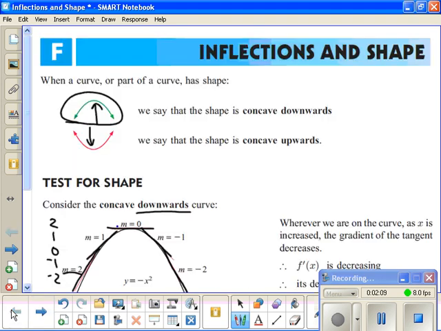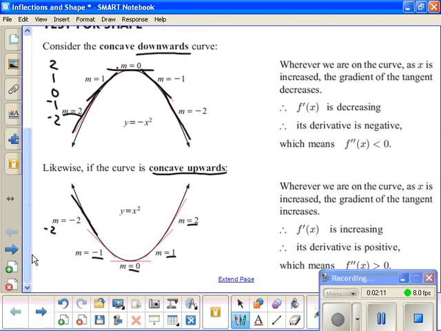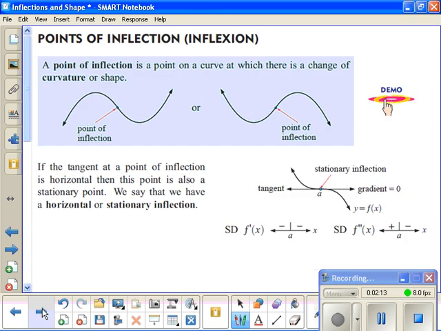So points of inflection, some other things that we need to recall. We can have horizontal points of inflection, which we already found. Today, by using the second derivative, we talk about the non-horizontal points of inflection, because we've seen them happen already. Here's a stationary point of inflection, in other words, a horizontal point of inflection. We saw those occur where it would remain negative and negative.